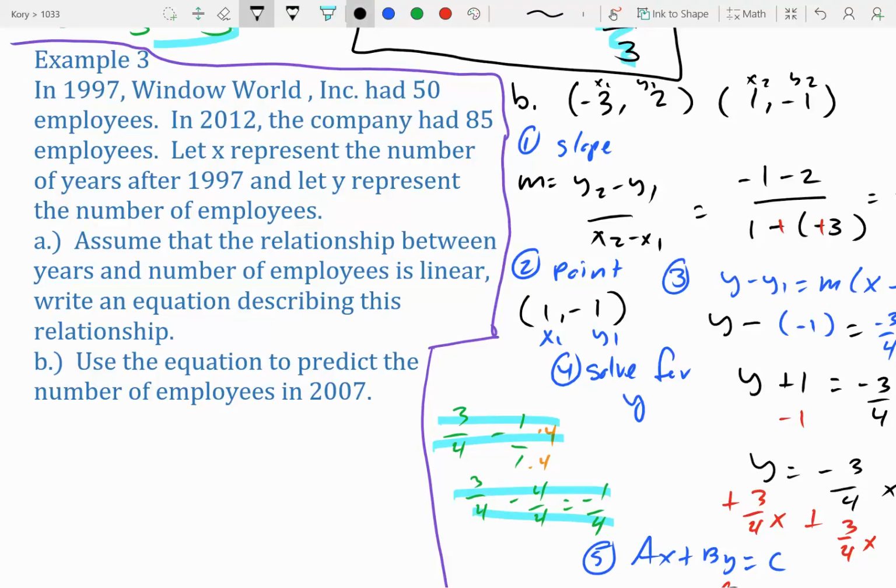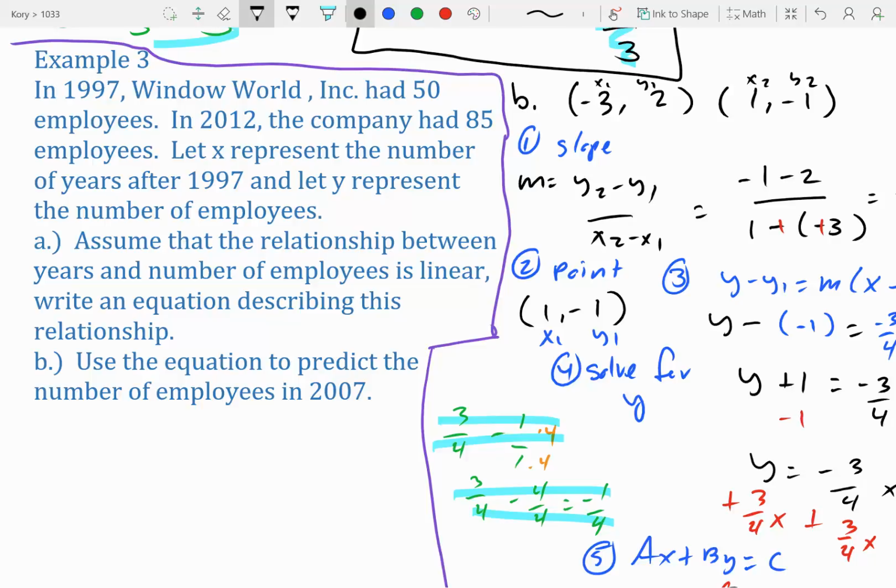In 2012, the company had 85 employees. Let X represent the number of years after 1997, and let Y represent the number of employees. Assume that the relationship between the years and numbers of employees is linear. Write an equation describing this relationship. Use the equation to predict the number of employees in 2007.